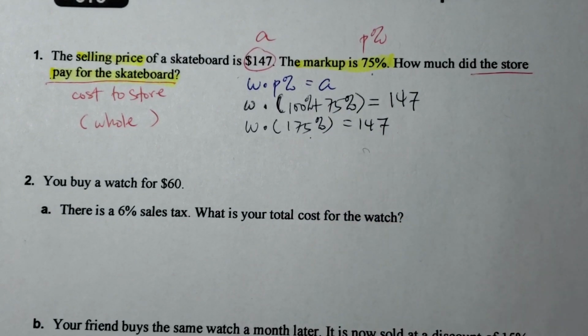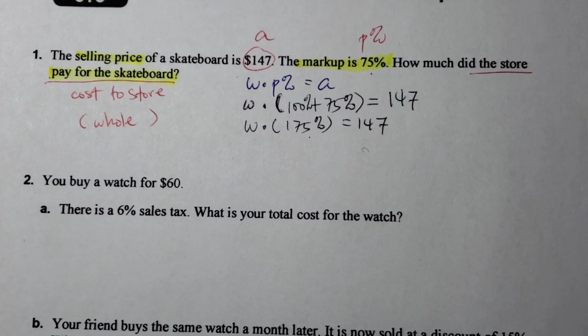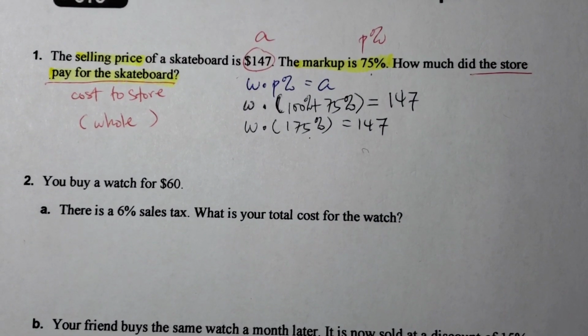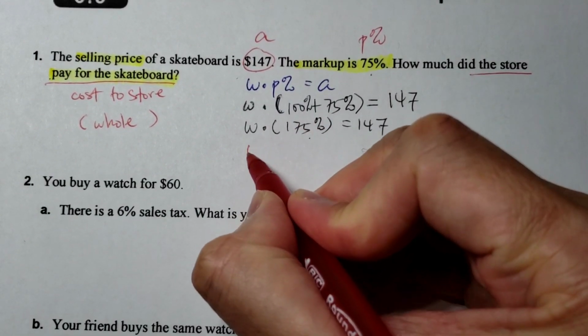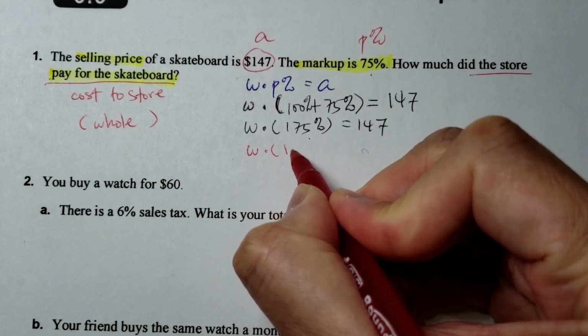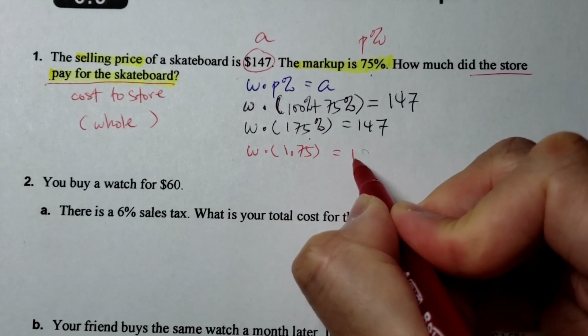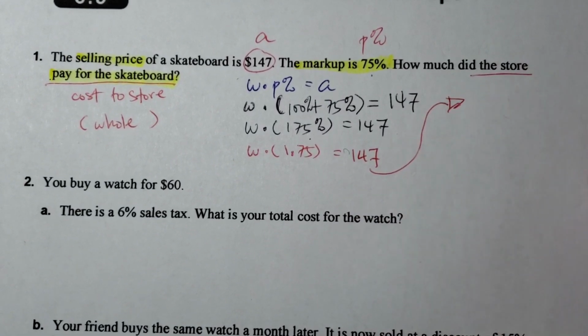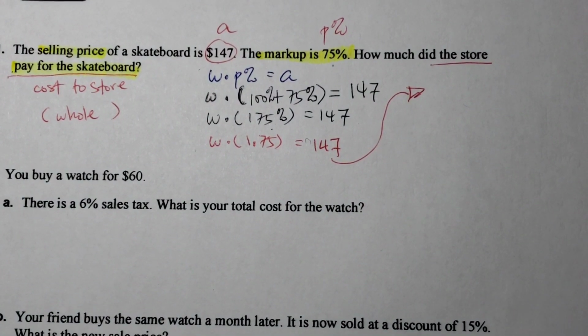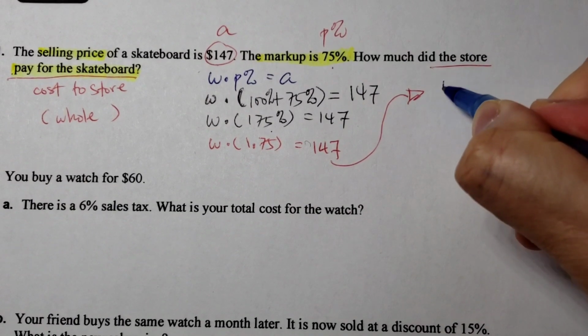Change the percent to a decimal. How do we do that? We're dividing the 175% by 100 to make it into a decimal. So W times 1.75 is equal to 147. Let me move it to this side so we have enough space. So now rewrite the problem.